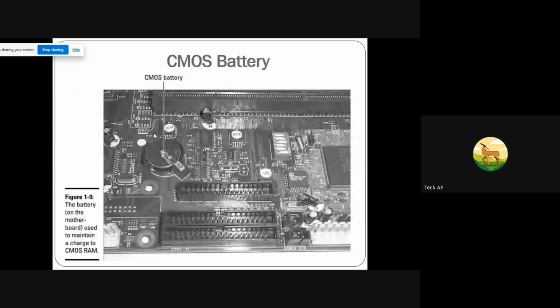Yes, it saves the system settings. The settings like what? The date and time. Yes, like the date and time.